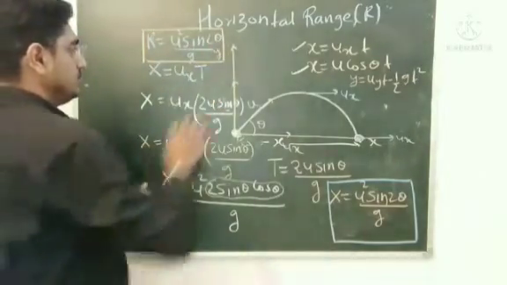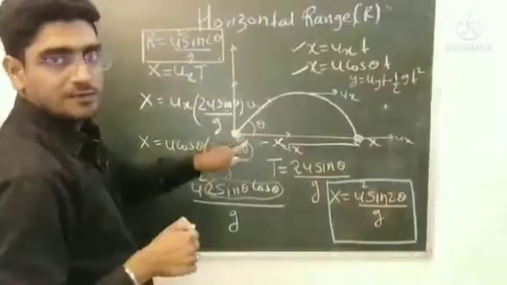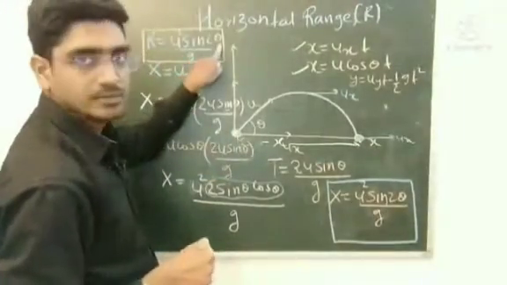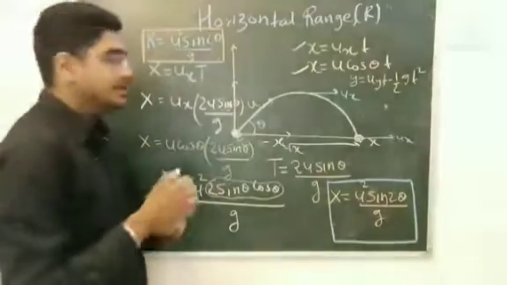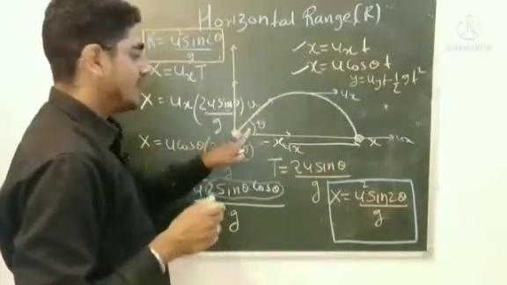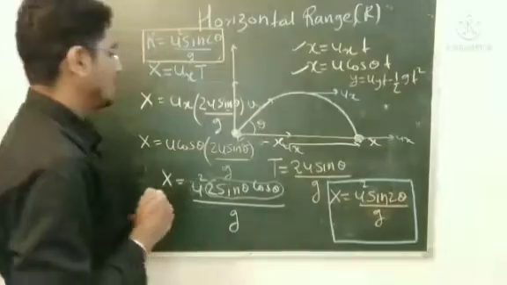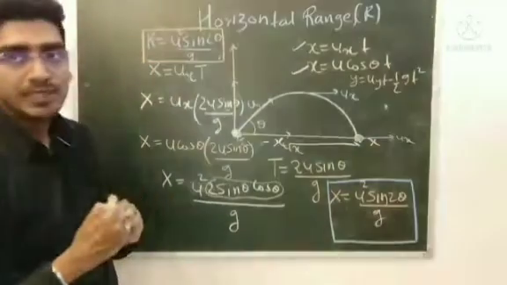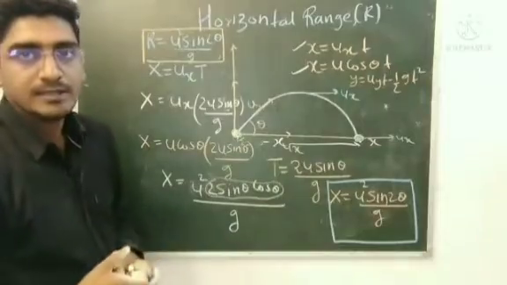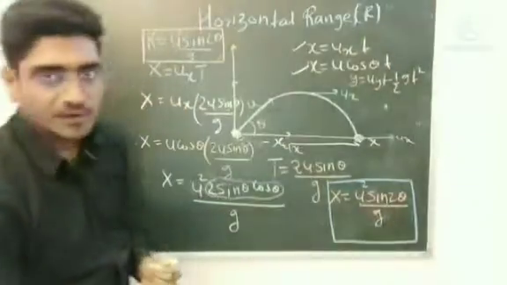See, what happens is range always depends on the angle theta, the angle by which we throw the particle. So this is the formula for range, that is R equal to u square sin 2 theta by g. Now let's find what is the maximum range for this projectile.